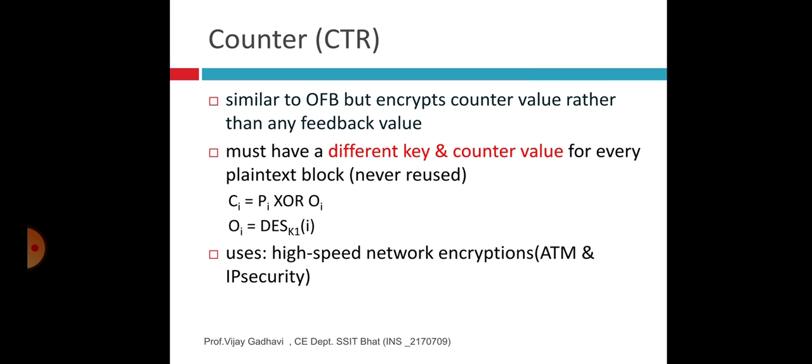Then counter, CTR, is similar to OFB but encrypts a counter value rather than any feedback value. It must have a different key and counter value for every plaintext block.